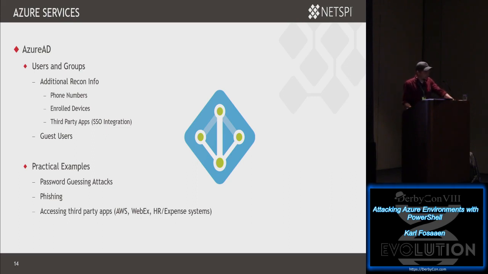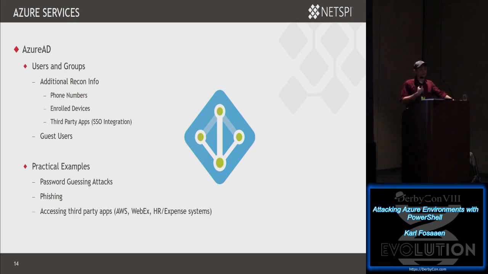Last item that I listed on here for Azure Active Directory is guest users. What we'll typically see in most Azure Active Directory environments is what's called a DC sync with a primary domain. So you'll have the company domain that DC syncs up to Azure Active Directory, which syncs the credentials and usernames and domain information up to Azure AD. And you can have guest users added to that Azure Active Directory.